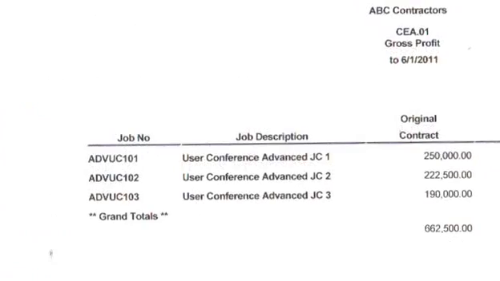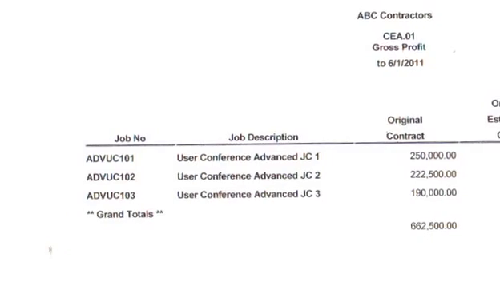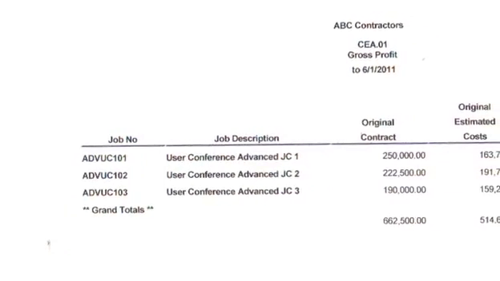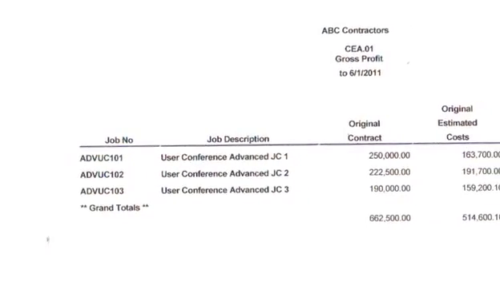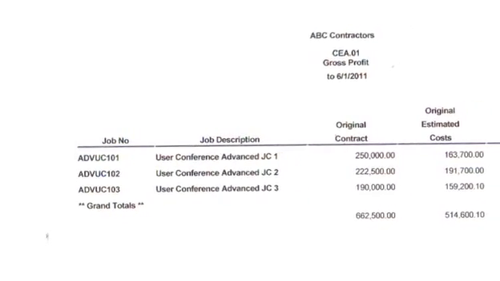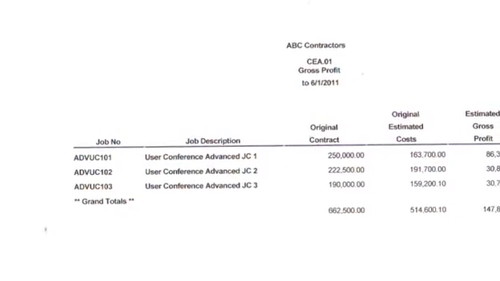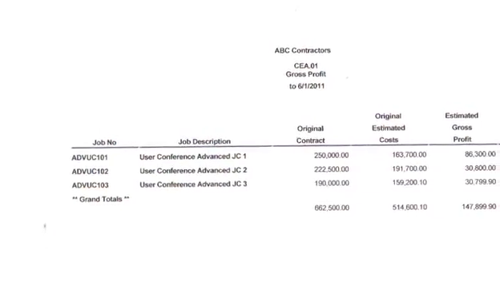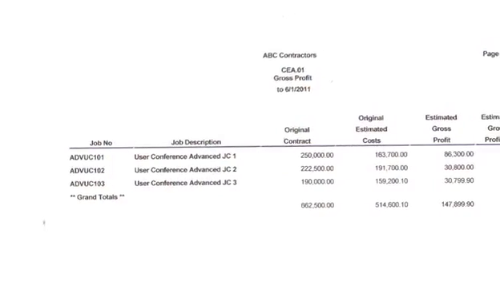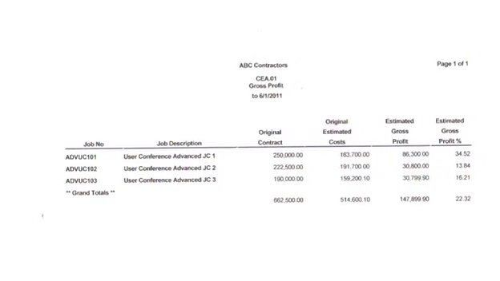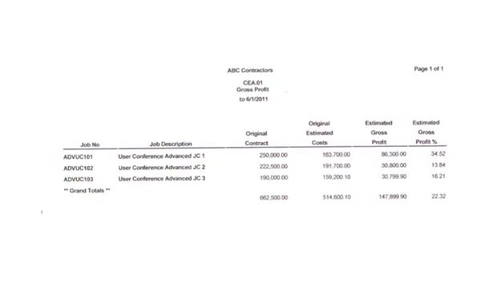Right? When we look at this report on the top of the screen, and I'll just show you the report here, can everybody see that all right? So we're going to be taking a look at these sample reports with just these 3 jobs that have various information in it. Again, the easy part of any job costing report is the estimate. Everybody knows what you're going to bill on a contract, right?